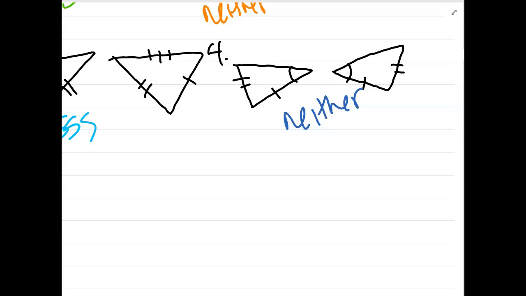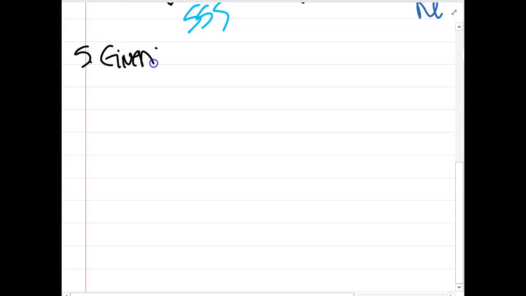Okay, questions on that? Okay, let's talk about our proofs. Here we go. Okay, number 5, our given, and I think it's like yesterday, probably just going to be easier if you do your best to just copy it down while I say it. Okay, so side RS is congruent to side UT.